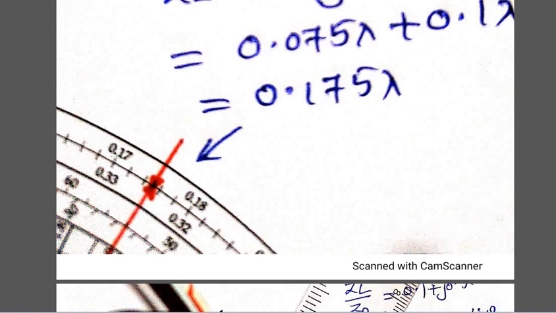See this scale. We are moving towards the right side, which means towards the generator. So this point was marked: 0.175 means 0.172, 174, 175.